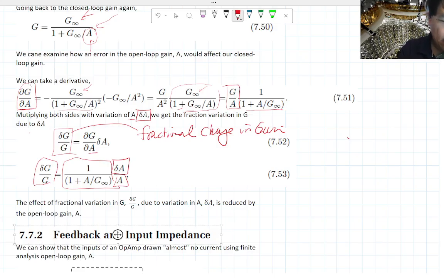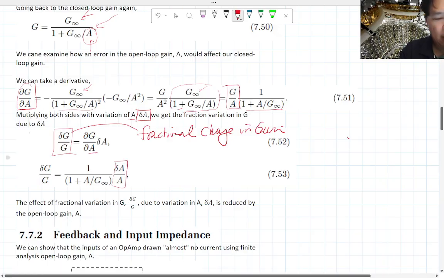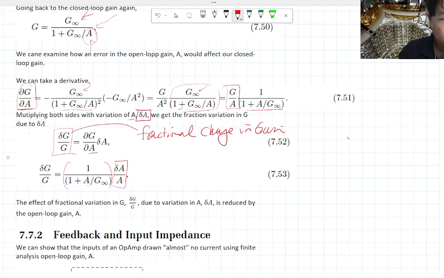So what this equation is telling us, let's erase this so we can discuss it, is that the variation in gain is proportional to 1 over 1 plus A over G infinity. If we put in some numbers where G infinity is once again 10, and our idealized open loop gain is 10 to the 5, what did the book use before?